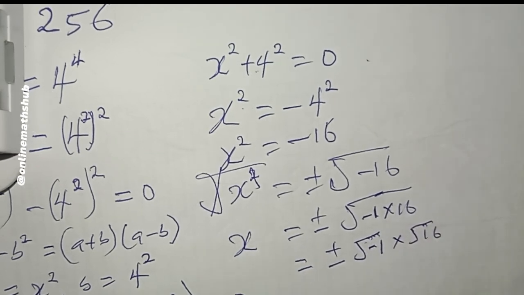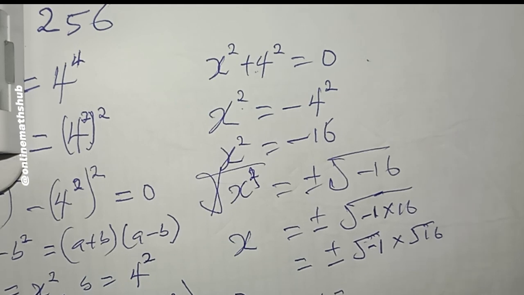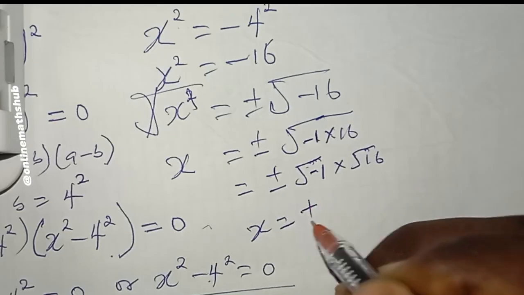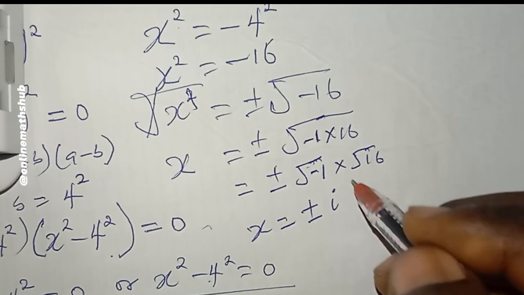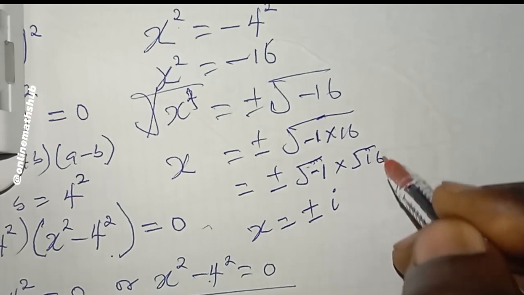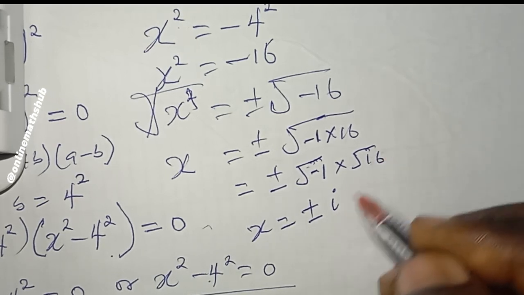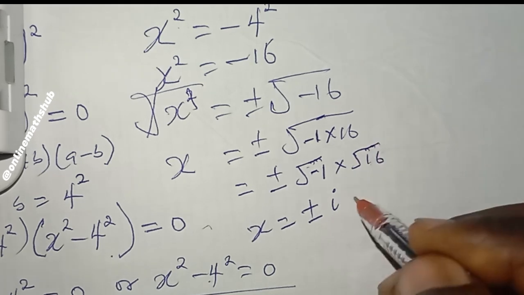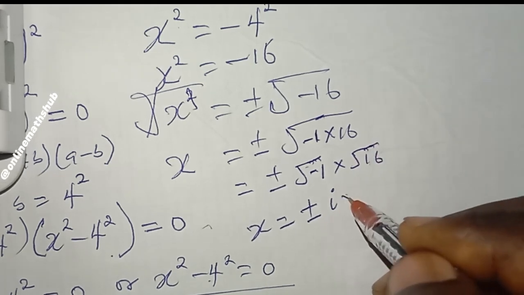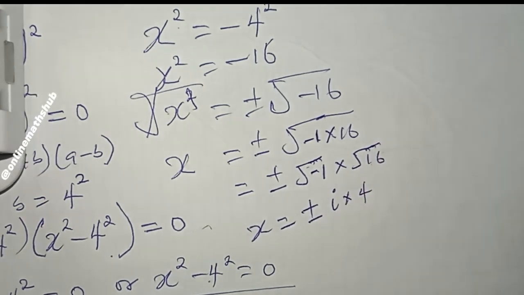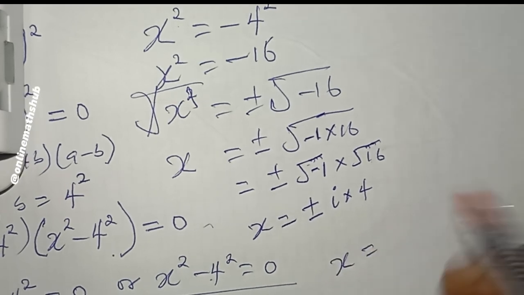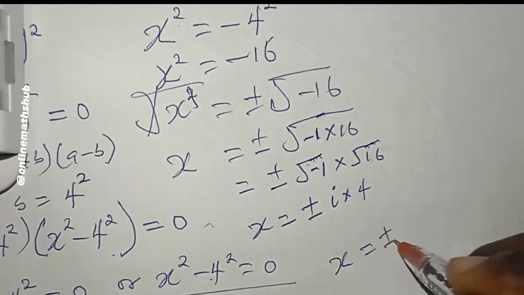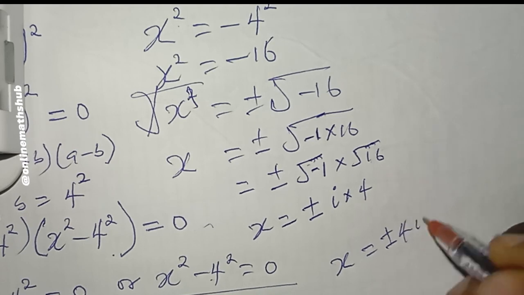So x is equal to plus or minus root negative 1, which is equal to i, multiplied by root 16, which is equal to 4. Eventually x is equal to plus or minus 4i.